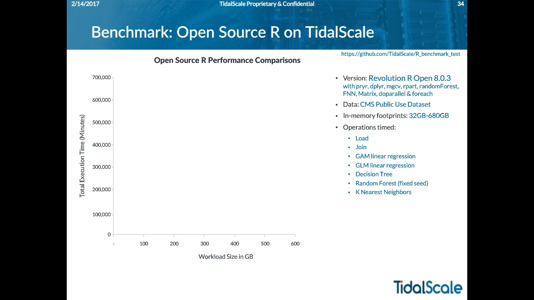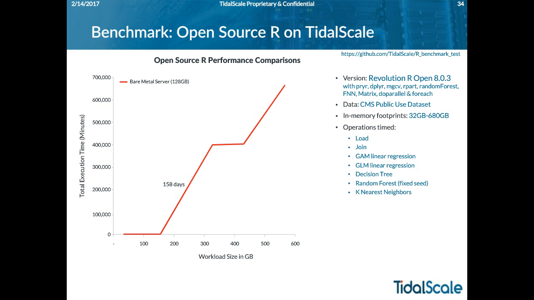Now let's take a deeper look here. If we look at open source R on TidalScale, we tested using Revolution R version 8, and again, that same public data set. And we went through the workload. Remember what I was showing you, that 128 gig server. So that goes off the memory cliff and it becomes infeasible to do this workload.